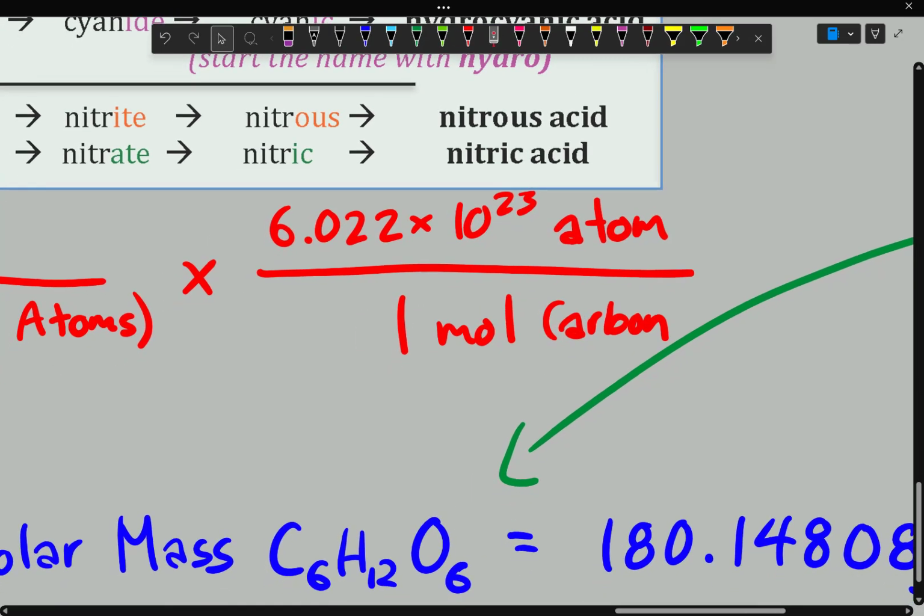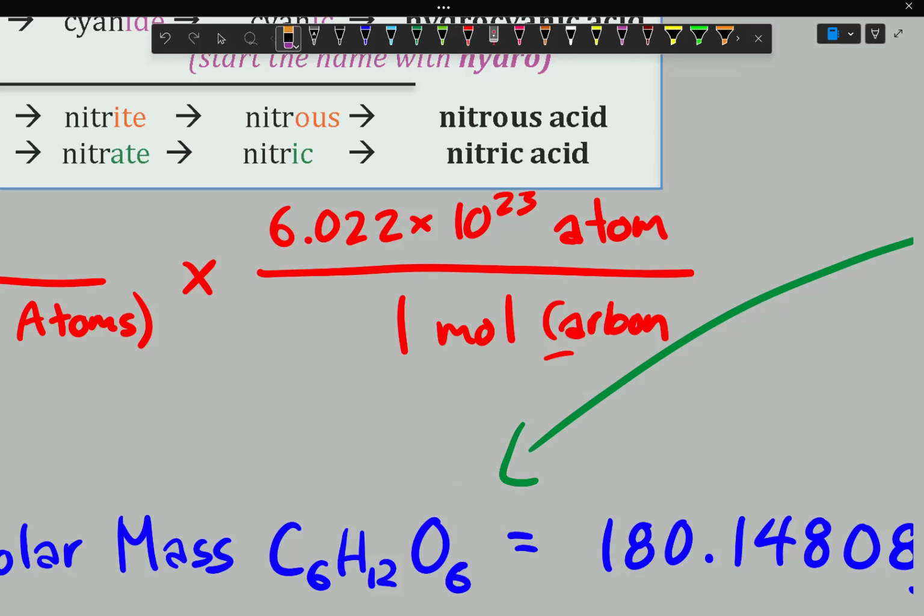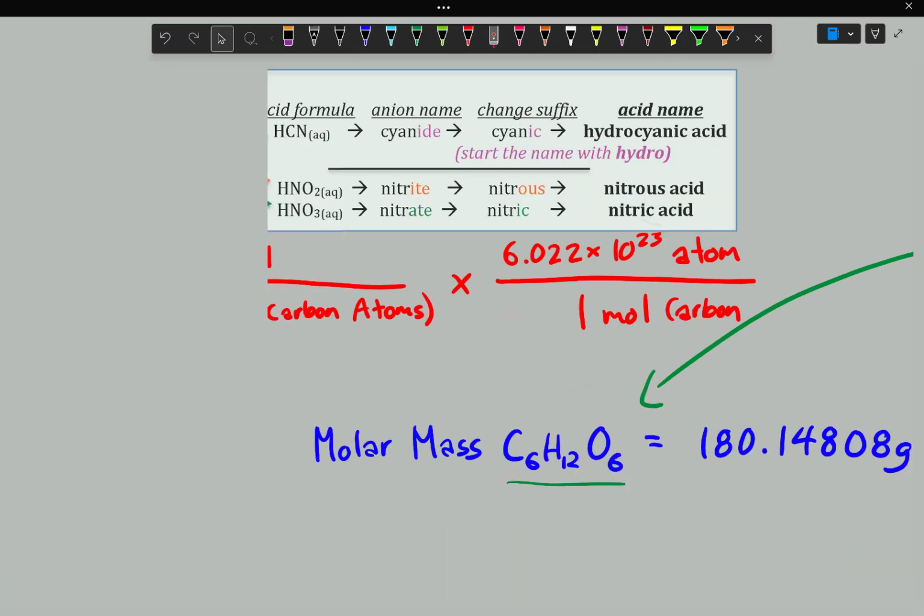Because regardless of whether this is apples, oranges, hydrogen, carbon, there is always 1 mole in 6.022 times 10 to the 23 atoms.